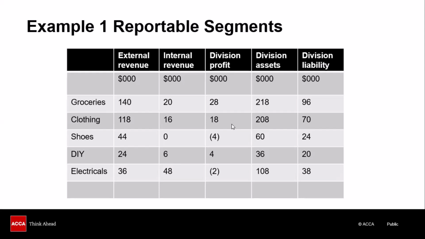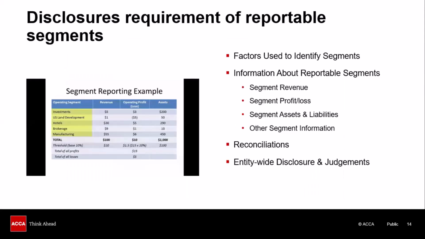And to wrap up our session now, we are looking at disclosures. So there is an example of segment reporting disclosures. The disclosures are going to be a bit detailed, but here I'm just going to give you a summary. You would have to consider the factors used to identify the segments.